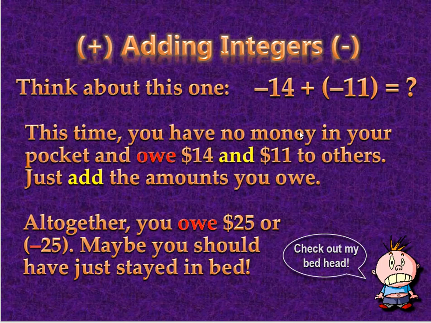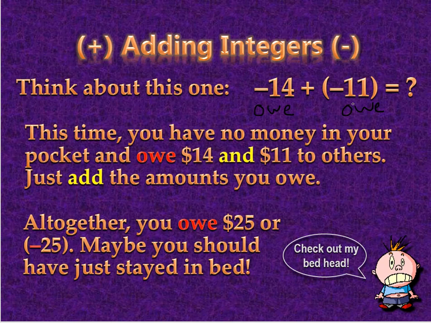Okay, let's look at another one. If you have a -14, that's a negative integer, and you have a -11, that's also a negative integer. Remember, having a negative integer, that is like owing money. So if you owe 14 and you owe another 11, think about if you're going to have or if you're going to owe when you combine these two.